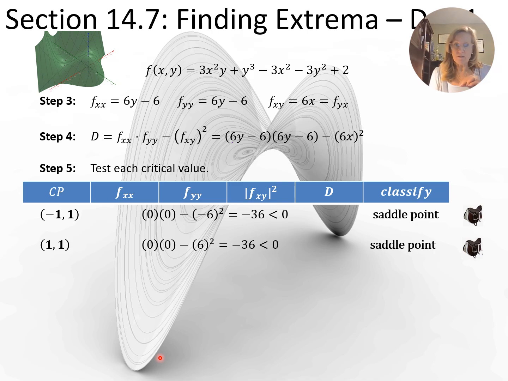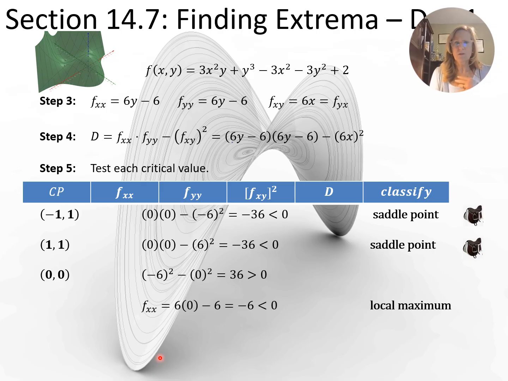The next critical point, though, I plugged in (0, 0), and I got that the second derivative test was positive. So I can't stop there, right? I have to go back and look at either fxx or fyy, but you just have to be consistent.